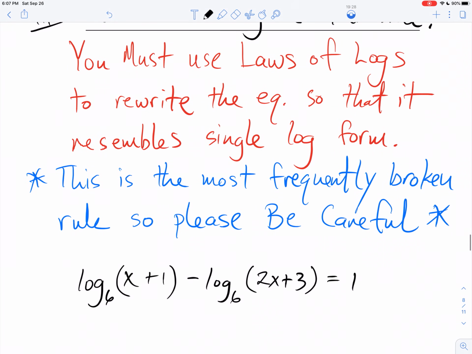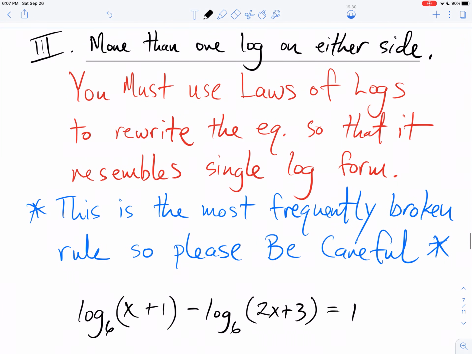Well, one log on both sides is different than this Roman numeral. This is the last thing that can happen to us. More than one log on either side. So here's what we do. We must use laws of logs to rewrite the equation.